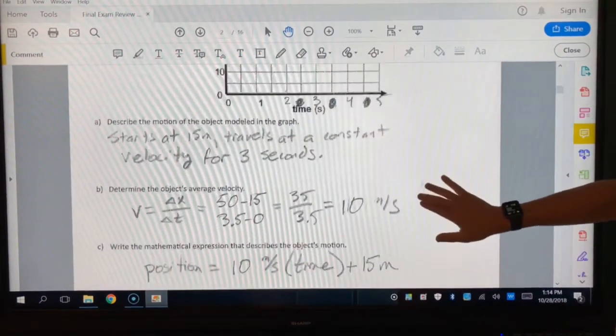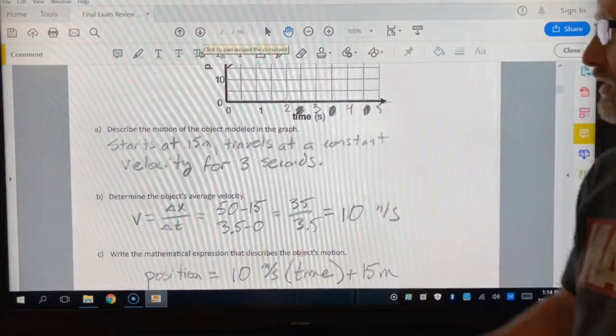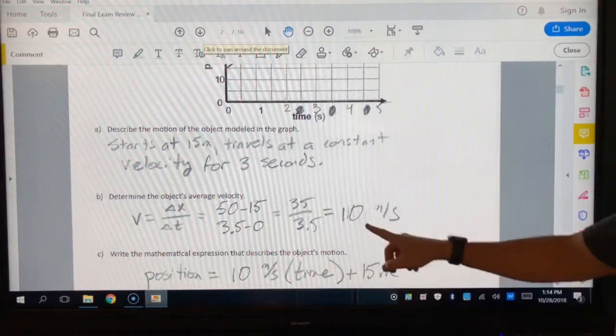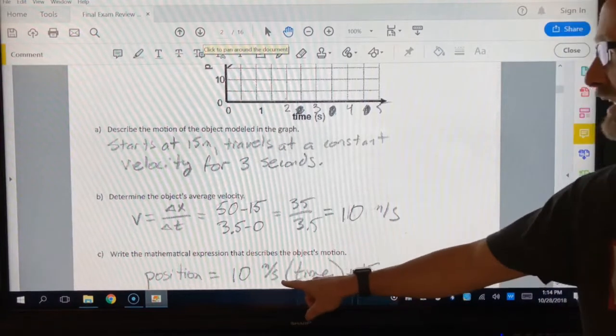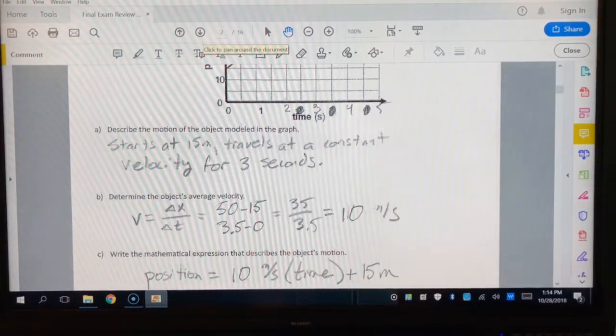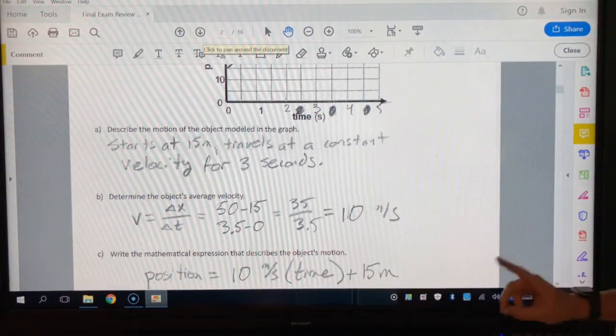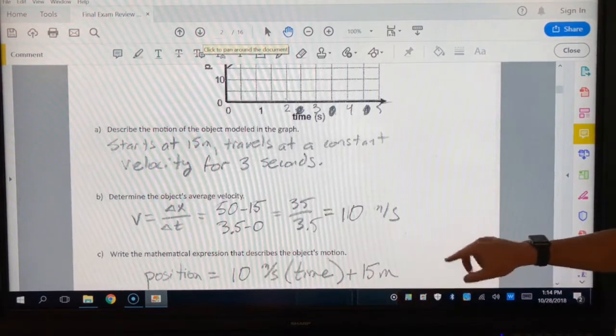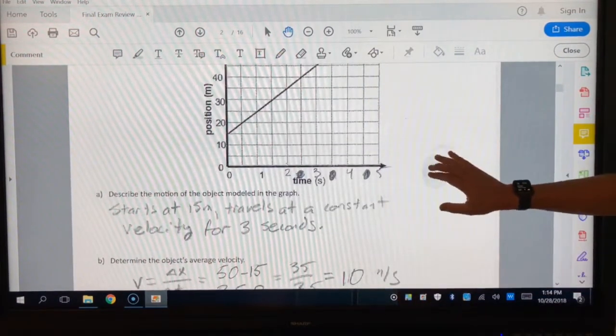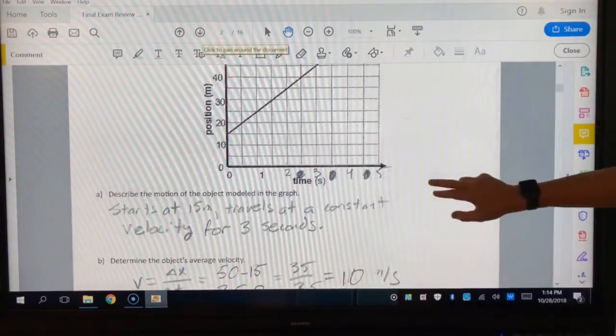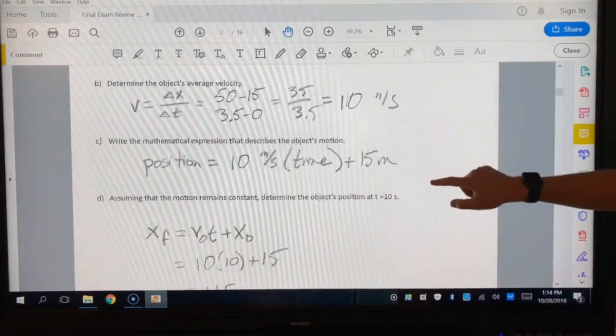And our physics equation here is position, that's what's on our y-axis, is equal to our slope, which is 10 meters per second, times what is on our x-axis, which is time, plus whatever our y-intercept is. And here it's 15. So notice it crosses the y-axis at 15.